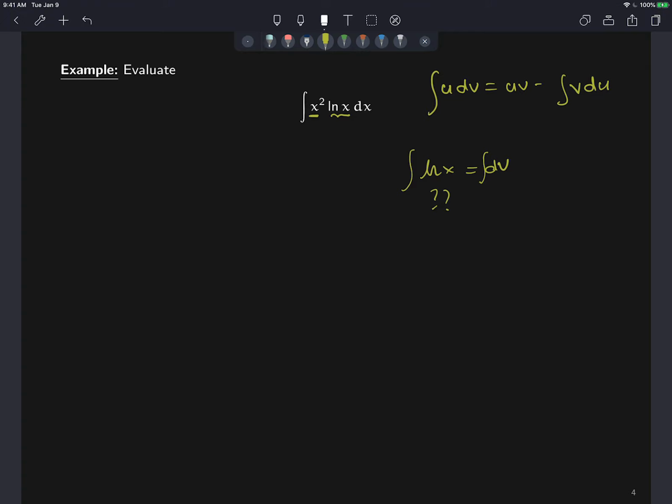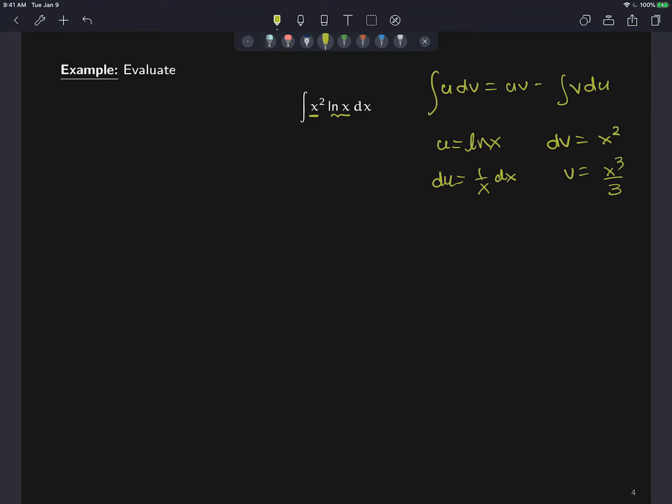So in this example, we're going to use u to be natural log of x, because I do know how to differentiate natural log of x. So my dv will be x squared, and I do know how to anti-differentiate x squared, or integrate. So now du is going to be 1 over x dx, and v would be x cubed over 3.